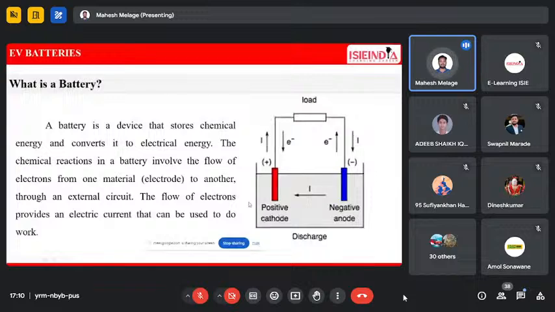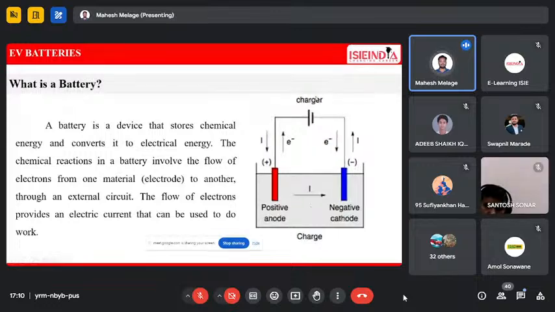First is positive, next is negative, and the electrons flow through the external circuitry. You can see that this acts as a charge, meaning the charge can be transferred to the cell, and acting as a load, the charge can be transferred from the battery to the load.